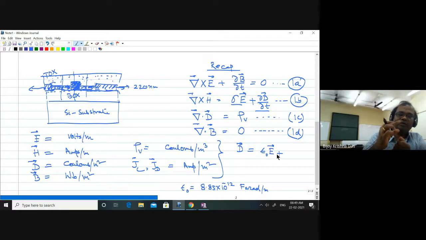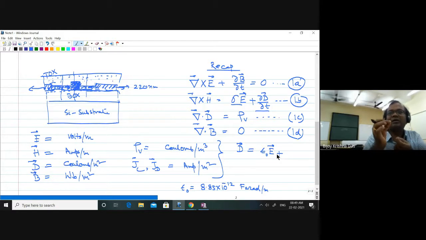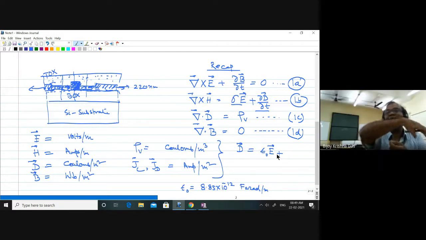If it is applying force on the electron as well as the core nucleus, they will be displaced differently, because the core nucleus may not be possible to displace from its original position, but the electron, loosely tied and lighter, can be displaced. So when the electron surrounding the nucleus is a bit displaced, you can think of some kind of dipole creation. That dipole can also create an electric field surrounding it. So that electric field you have to count in your Maxwell's equations.